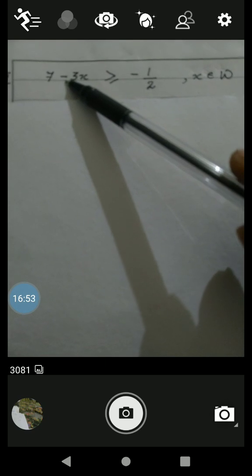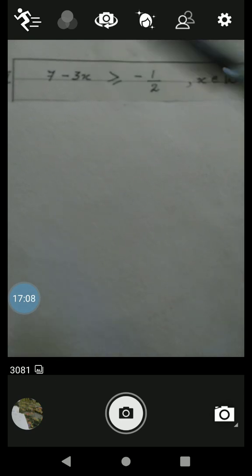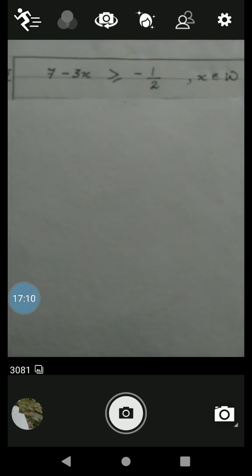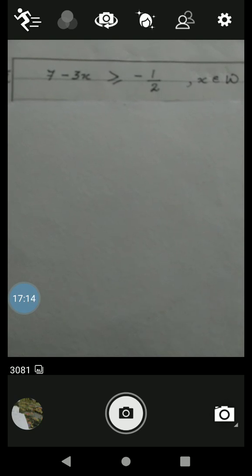It is better to transpose this x to the right side, then it will be positive, and this to the left side. Then if you're doing like this, don't bother about the rule of transposing or multiplying by a negative number, dividing by a negative number. So do it this way.